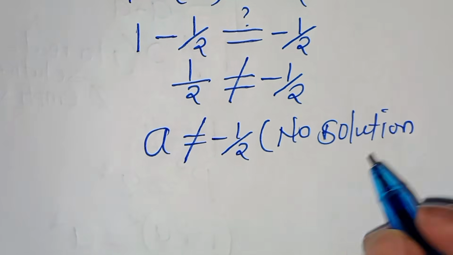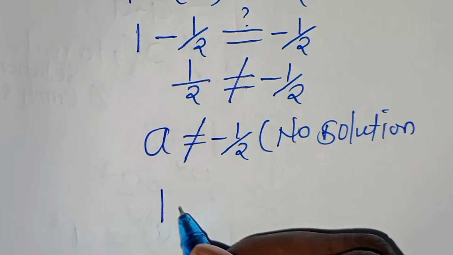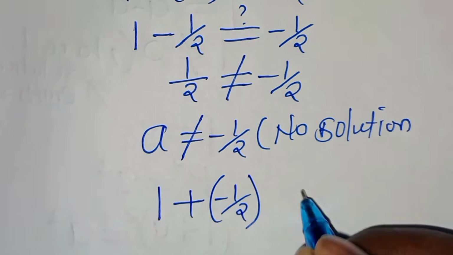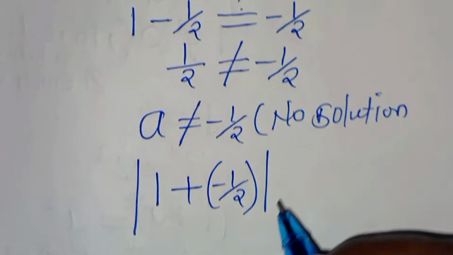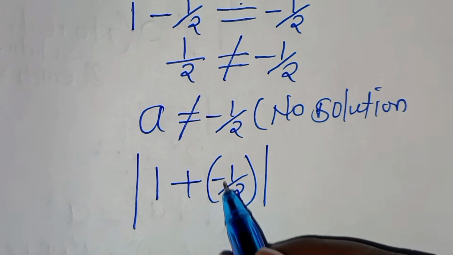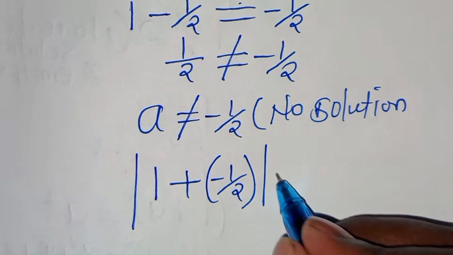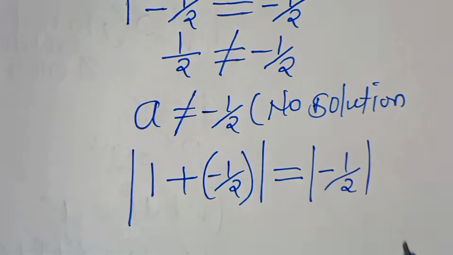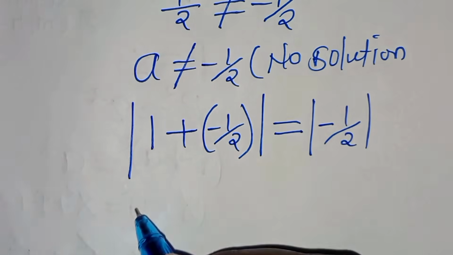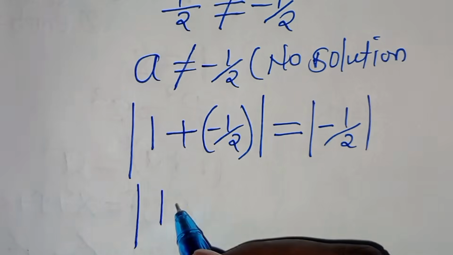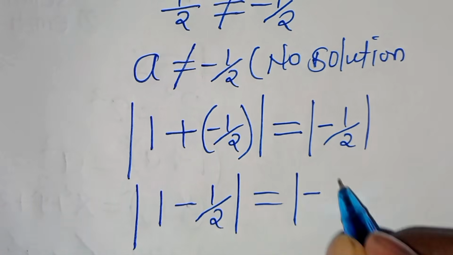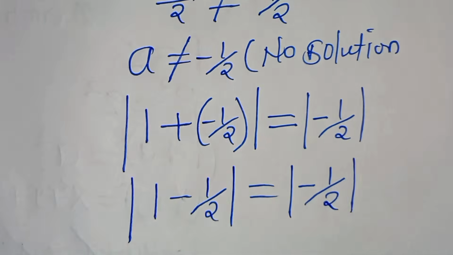So in other words, if we have the magnitude of 1 plus negative one half, this is equal to the magnitude of negative one half. In such a case, we have the magnitude of 1 minus one half, which is equal to the magnitude of negative 1 over 2.